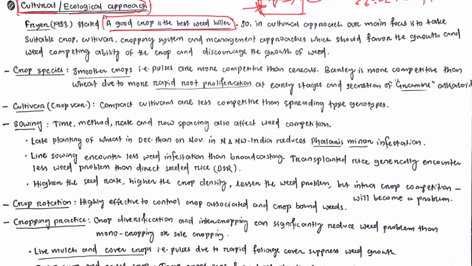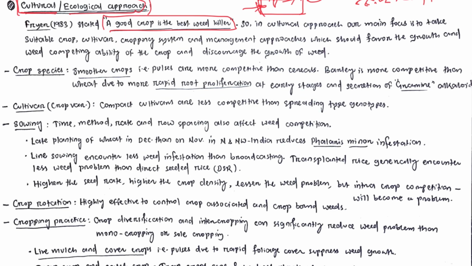So in the cultural or ecological approach, we have to manage the plot and the resources such that weed growth is minimum and crop growth is maximum. That is what the cultural or ecological approach of weed control is.